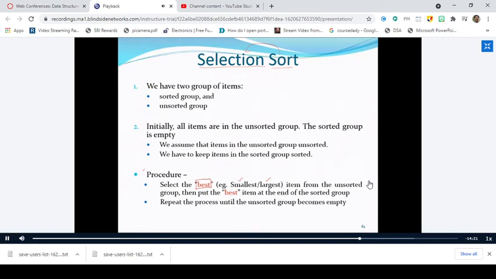The best element can be either the smallest or the largest element, and you move it to one end of the sorted group. That is the basic idea behind this selection sort. Is it clear? And you have to repeat this process until the entire list of elements becomes sorted.